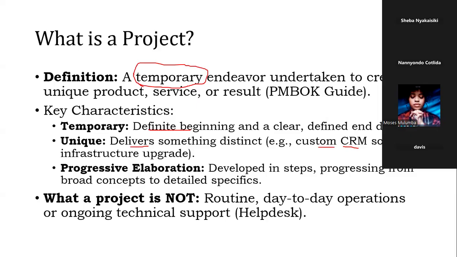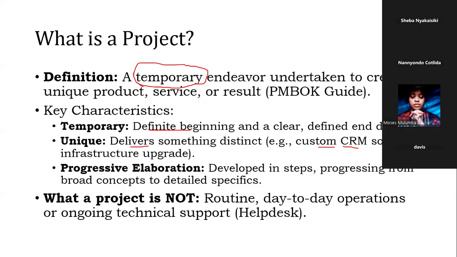So let us say you are part of an IT department, let's say of Uganda Matters University, and maybe for the Masaka campus, they want to put fiber cabling between all buildings at the Masaka campus. So you say, okay, that is a temporary thing.